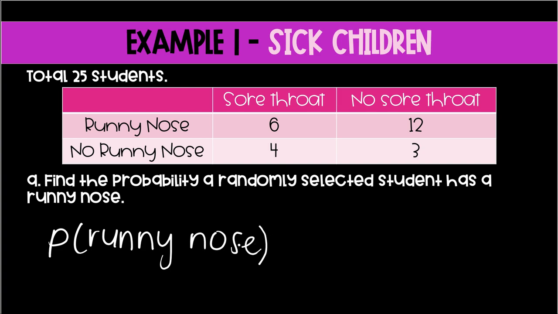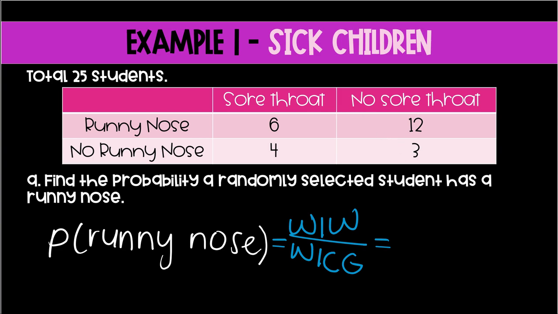I have to take the number of students that have a runny nose and divide it by the total number of students. What I want divided by what I can get. If you don't remember this formula, please go back to our previous video, Basic Concepts of Probability, from the same chapter, Probability.